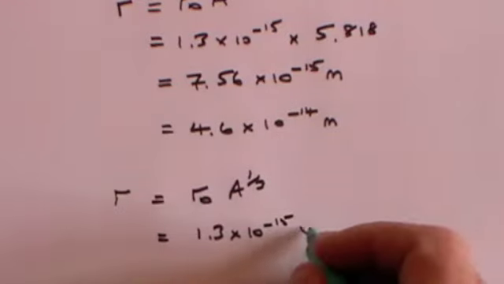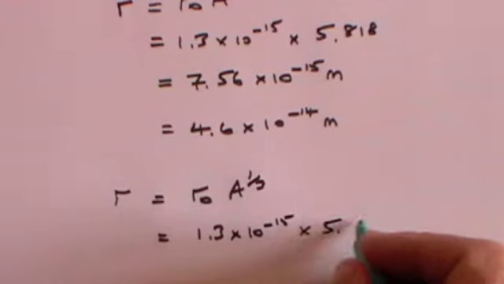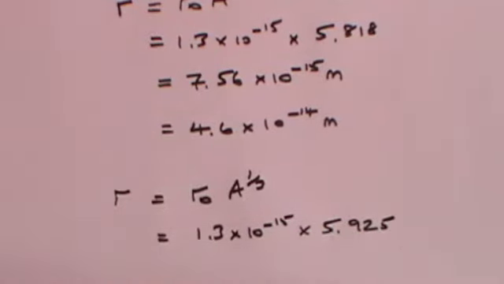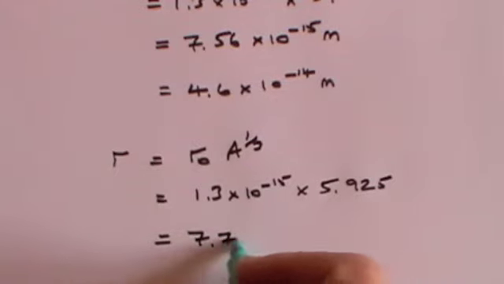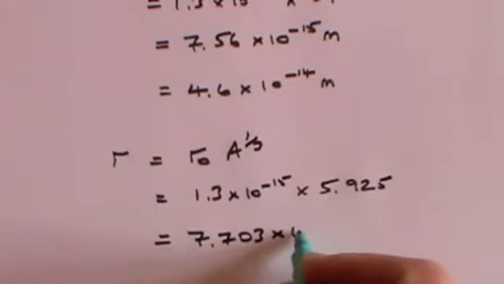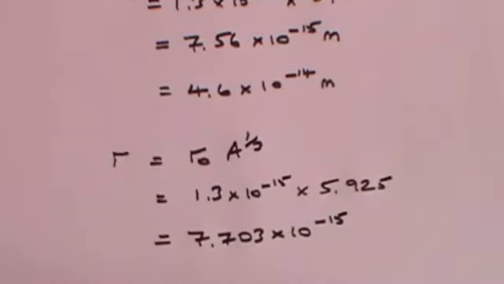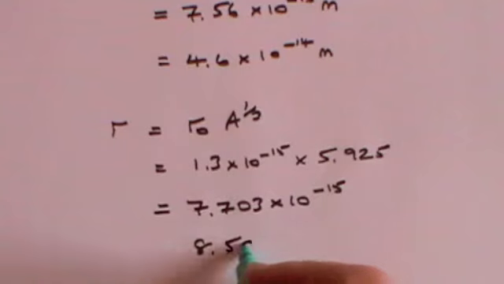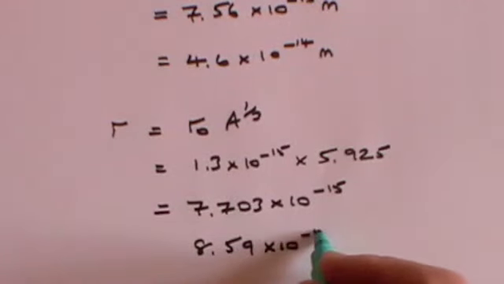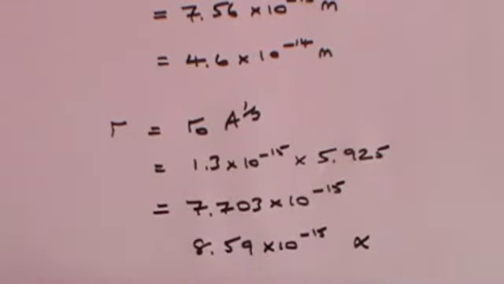The cube root of 208 is 5.925, and if you multiply that, you get 7.703 times 10 to the minus 15 meters, whereas when we did the experiment earlier using alpha particles, we got 8.59 times 10 to the minus 15. That was from alpha particle scattering.